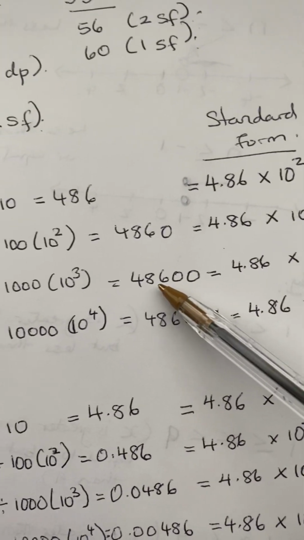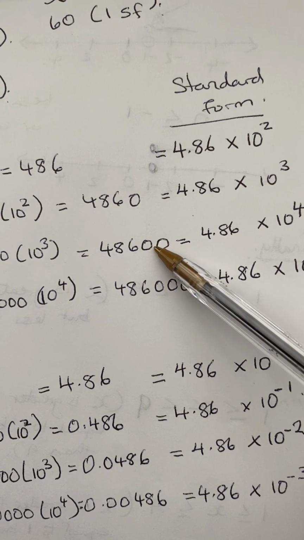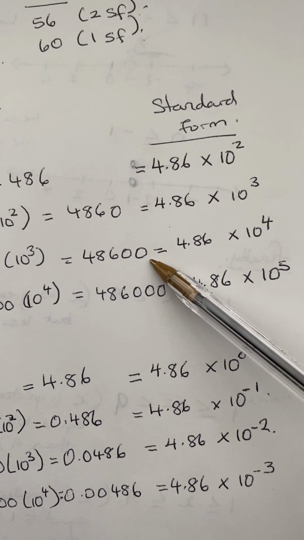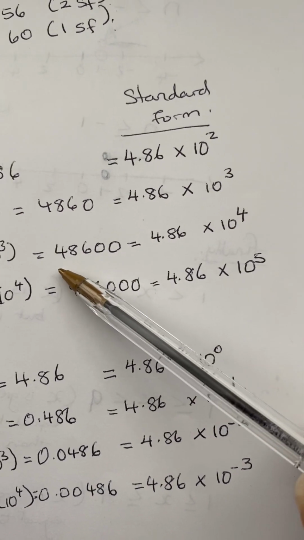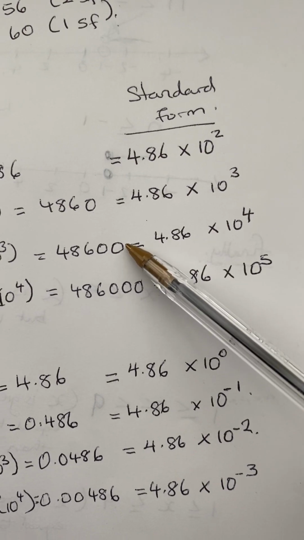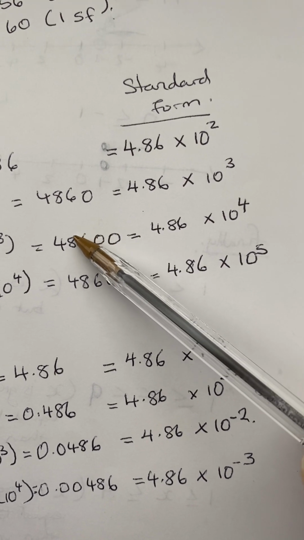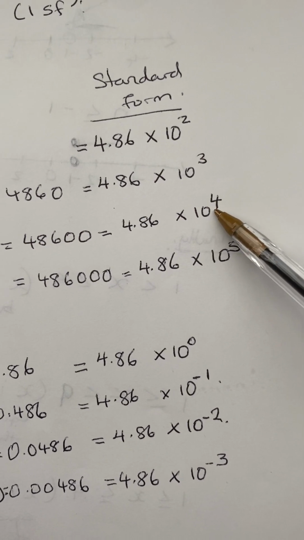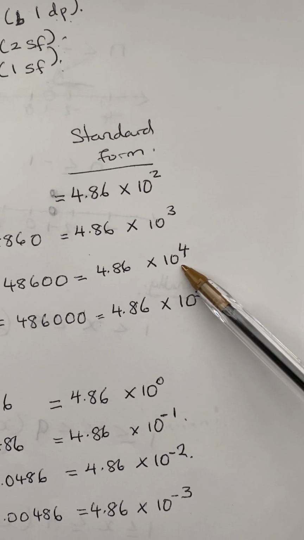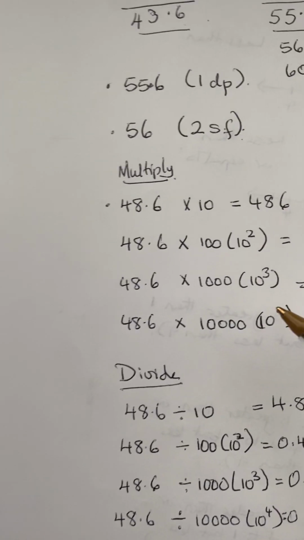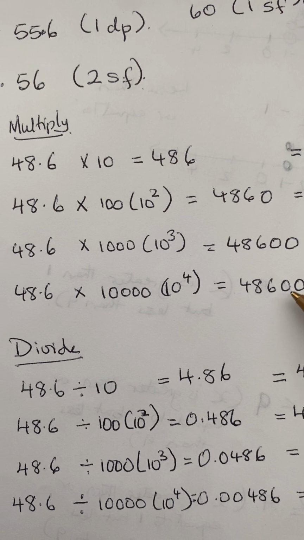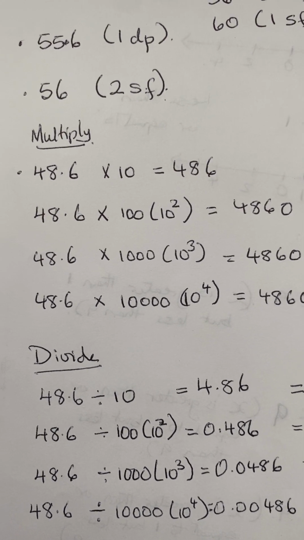So now to put it in a standard form, we have 4.86 times 10 to the power 4, 1, 2, 3, 4. That will be a standard form. Okay, so we are multiplying. Whatever we get, we put it back in a standard form.